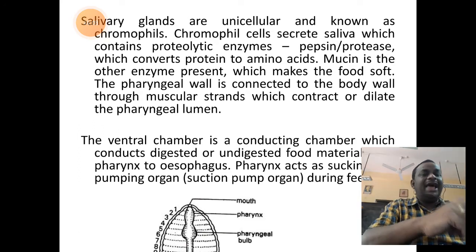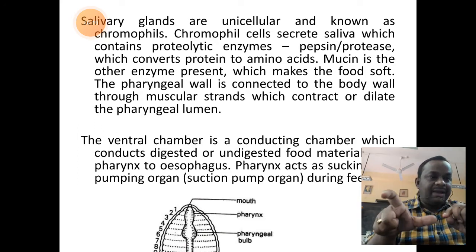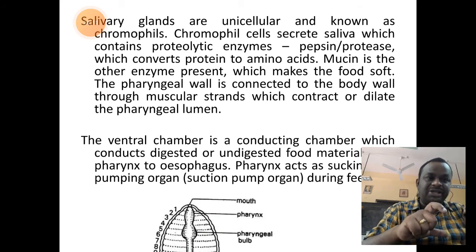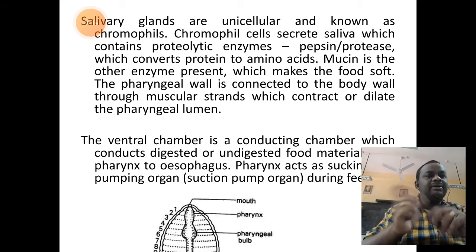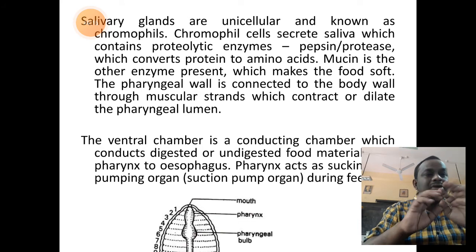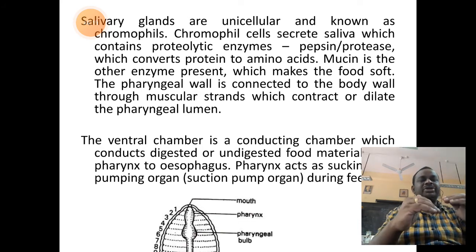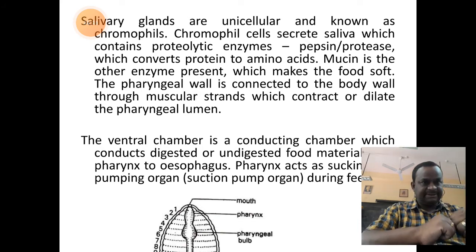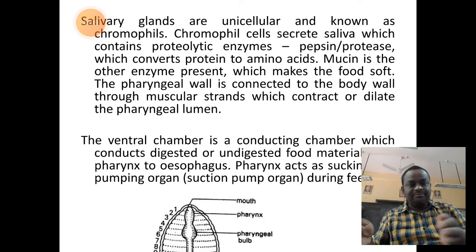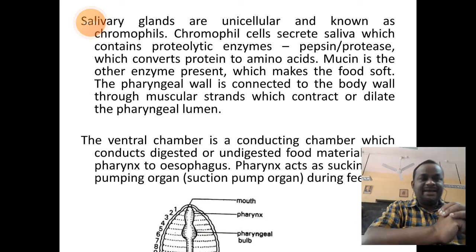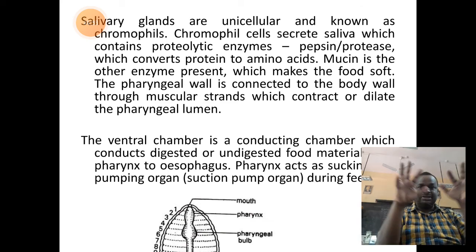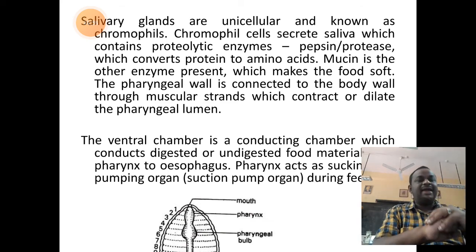This salivary gland, when we say gland, it has to secrete something. Here, the salivary glands are unicellular. A single cell will function in the secretion process, and those cells are called chromophil cells. So, there is a dorsal chamber on the pharynx, and this dorsal chamber has salivary glands.